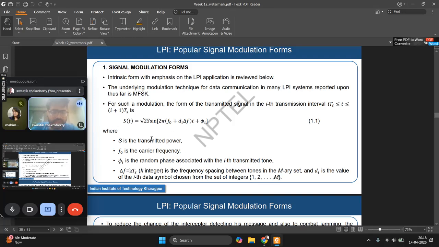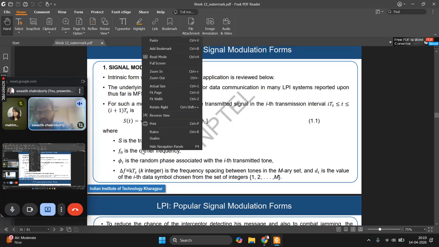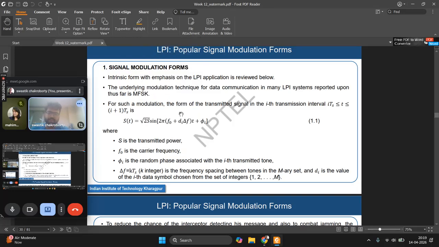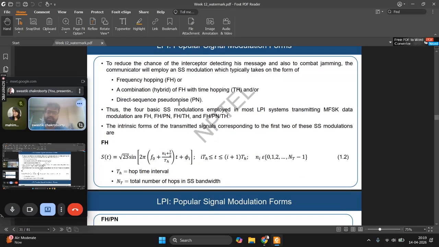Delta F is, as you know, the amplitude dependent carrier shift, and di is the value of the data symbol. So if it is +1, +3, -3, -1, it will be plus delta F, plus 3 delta F, minus 3 delta F, minus delta F, like that.